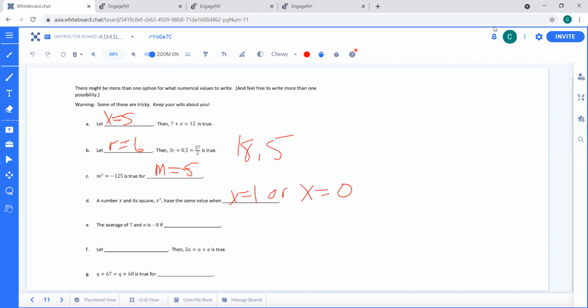The average of 7 and n is -8. So the average, which would mean we'd have to add it up and divide by 2 to be -8. The average of 7 and n is -8.